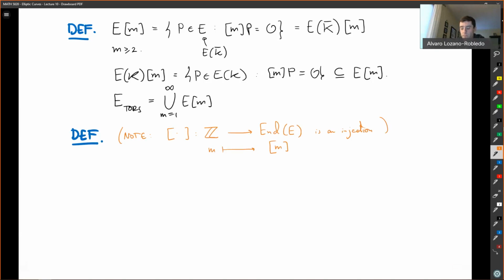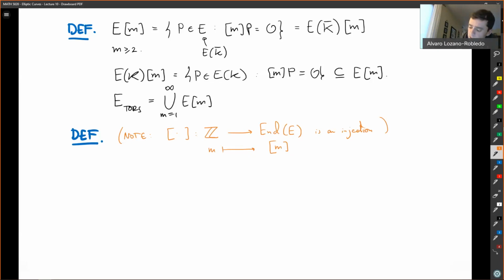Why is that? Because we've proved there's no torsion there, so we can't have multiplication by M be 0. If there were some repetition, we would have a multiplication by M map that is constant, but that doesn't happen. So we have an injection.